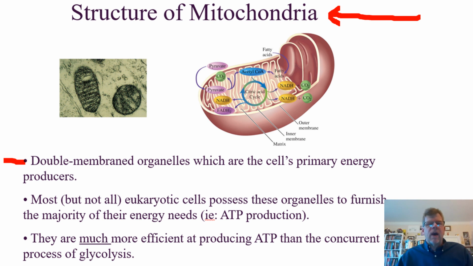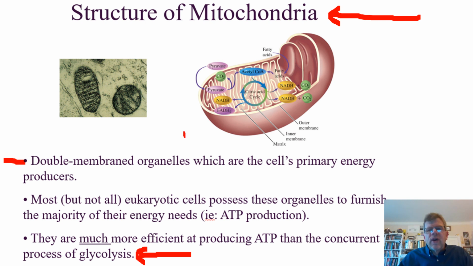Most eukaryotic cells possess mitochondria to produce ATP, not all of them, but most of them, and the ATP production which goes on inside is much more efficient than the process of glycolysis that we looked at back in Unit 12.